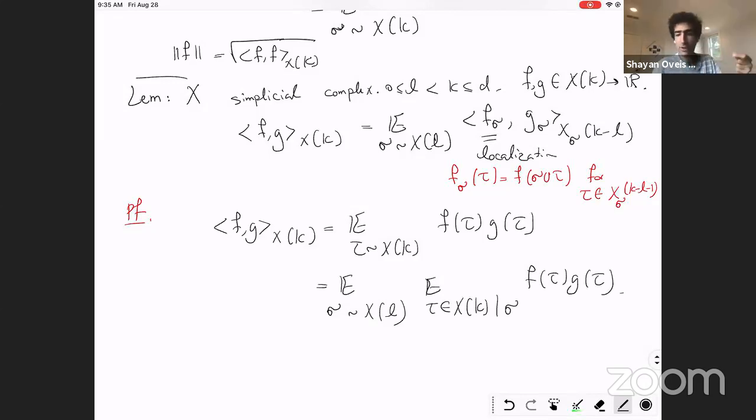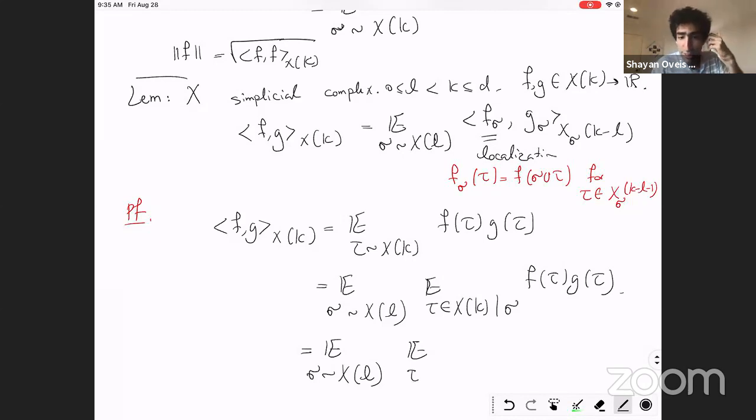So basically you do the following: first you sample sigma, then you sample tau conditioned on sigma. It's the same thing. It's basically the law of total expectation, right? Instead of sampling tau immediately, first you sample sigma, then among all tau that contain sigma, sample tau proportionally.